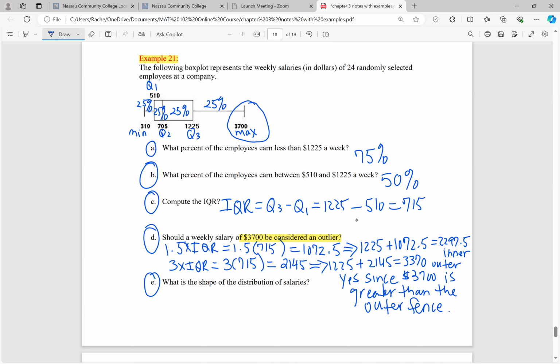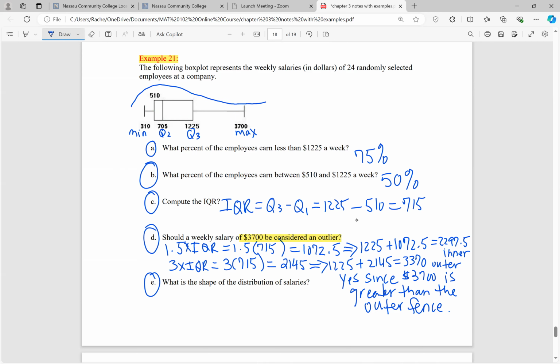And then last, what is the shape of the distribution of these salaries? So I'm just going to erase what's drawn on here because I think it's going to be easier to see in order to determine shape. Like we've been doing every time we want to determine the shape of a distribution, we lightly take our pen or a pencil and outline the shape.